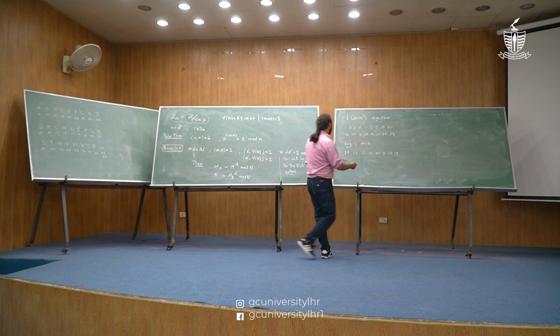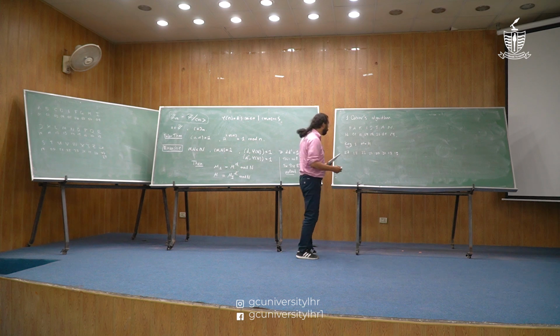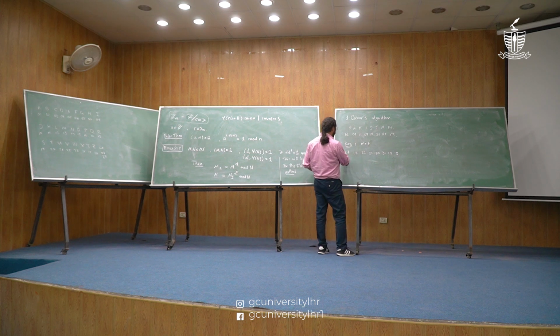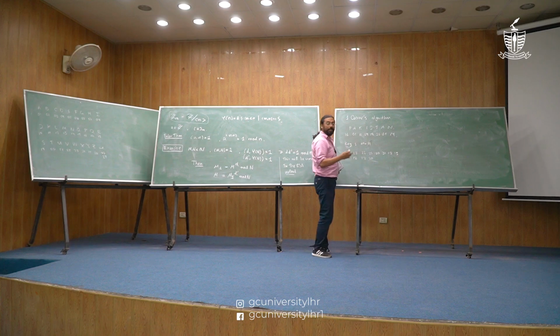Many of these numbers are out of my range, but I can do the modular thing. So 27, I know that it is 00, 12, 22, 20, 30 will be 3.